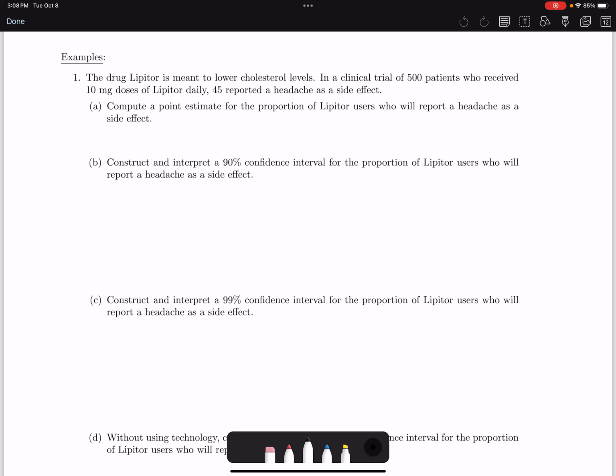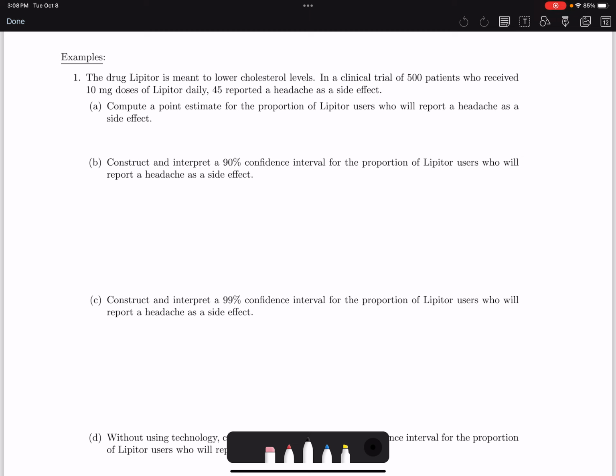Number one here says the drug Lipitor is meant to lower cholesterol levels. In a clinical trial of 500 patients who received 10 milligram doses of Lipitor daily, 45 reported a headache as a side effect. Part A asks us to compute a point estimate for the proportion of Lipitor users who will report a headache as a side effect.